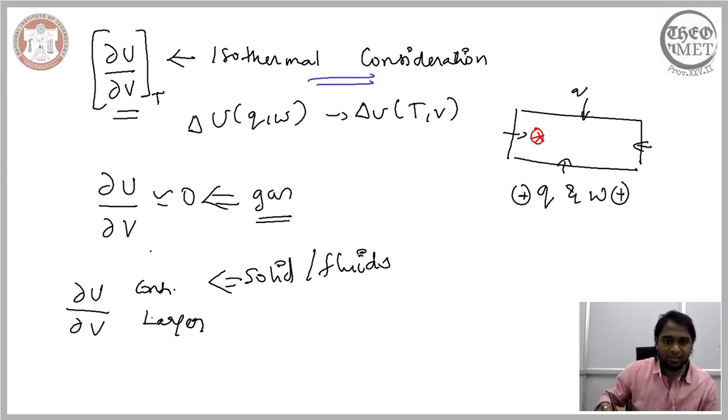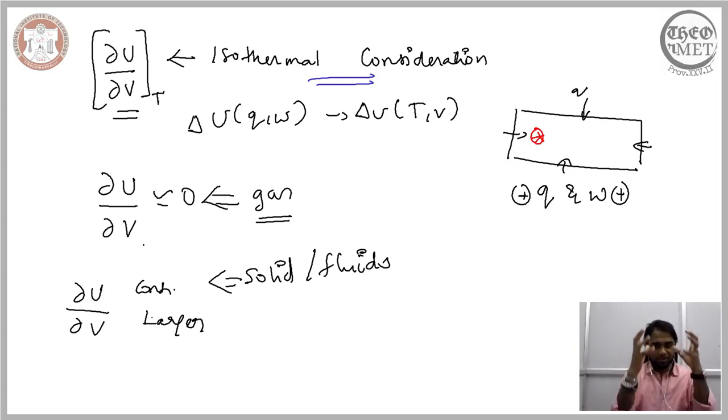So in case of the isothermal condition, the partial derivative that expresses the change in the internal energy of the system with respect to volume varies depending on the system. And if you categorize the system as solids, fluids and gas, in case of solids and fluids, since the amount of volume expansion that is possible is rather restricted for a given amount of heat and work done, the denominator becomes lower and the entire introduction of this work done and heat will translate into the change in the internal energy.